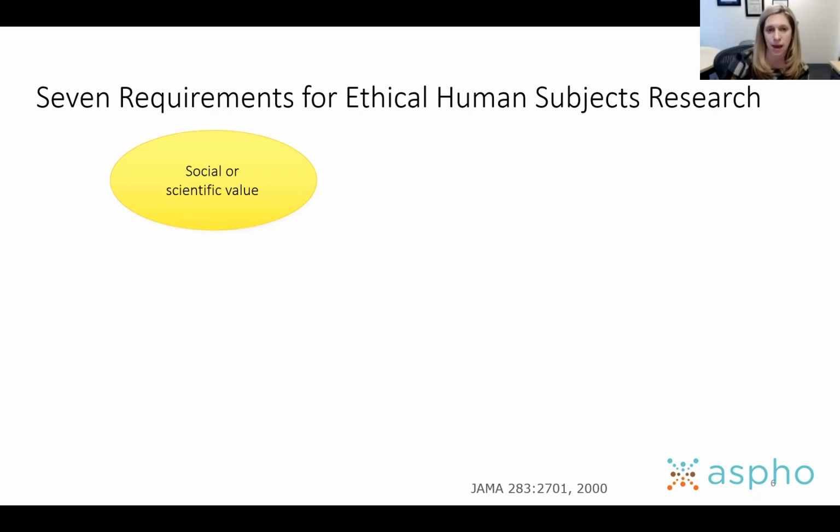And if you haven't, you should check out this article written in 2000 in JAMA that outlines the 7 key requirements for ethical human subjects research. And I'm going to go through those requirements now with you.